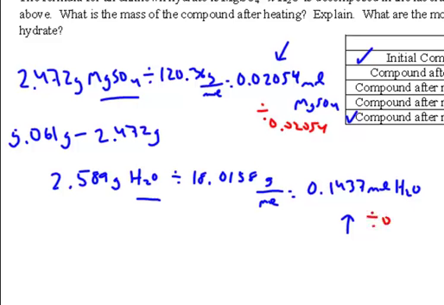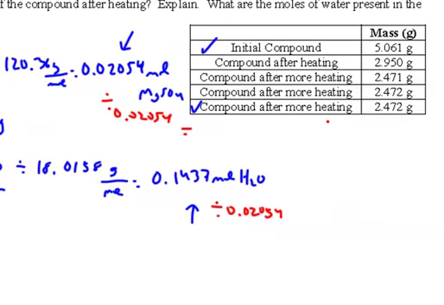And we divide both of them by the smallest number. And when we do this, of course, 0.02054 divided by 0.02054 is 1. When we take this number and we divide by this, we end up getting 6.99. Now, guys, we can round that up to 7. All right. So we have a 1 to 7 ratio.